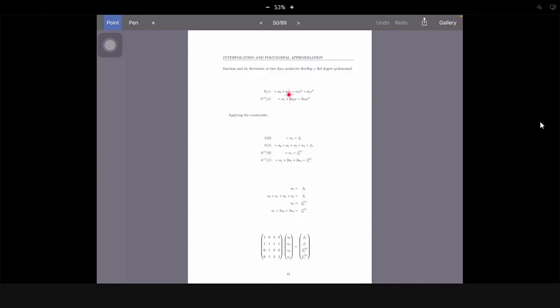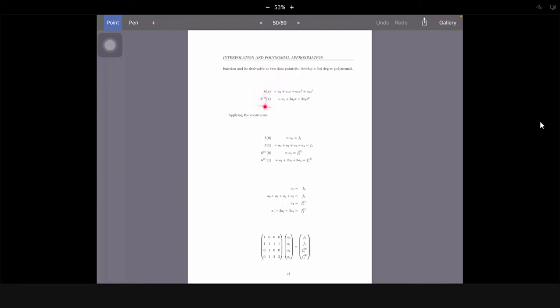Ada 4 constraint, so akan dapat A0, A1, A2, A3, the derivative of H. So kita akan find 4 unknowns here. Untuk dapatkan 4 unknowns ni, kita perlu dapatkan 4 equation. 4 equation tu adalah 2 daripada H(X), 2 lagi daripada H prime (X).